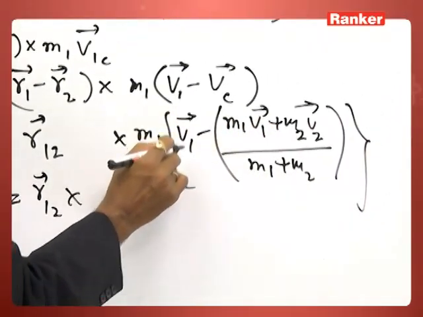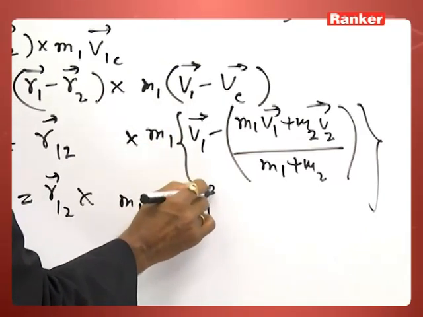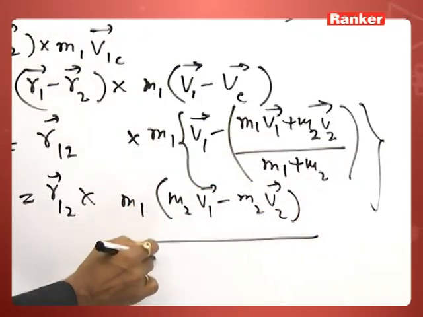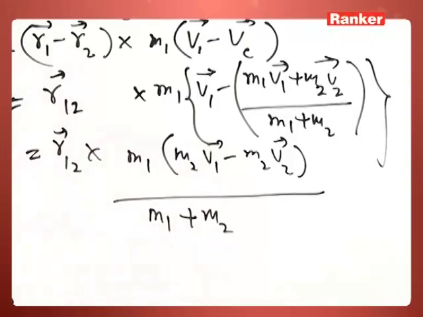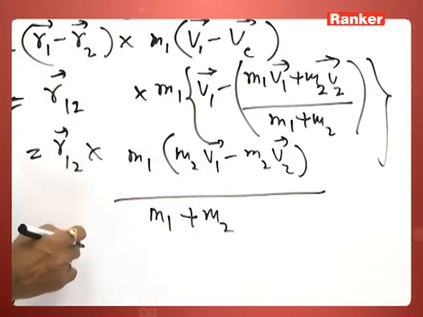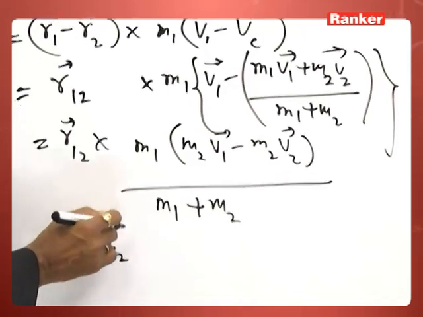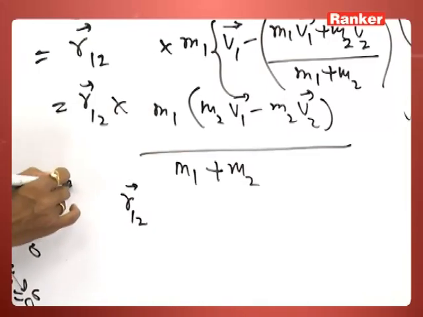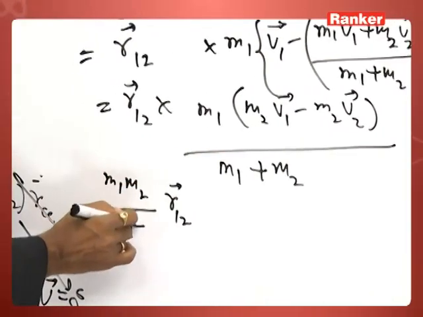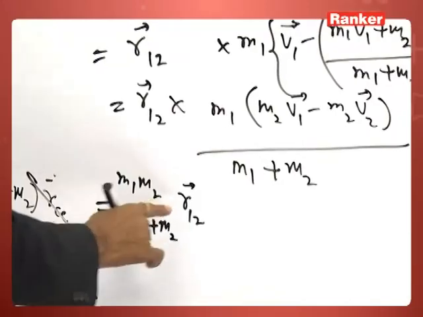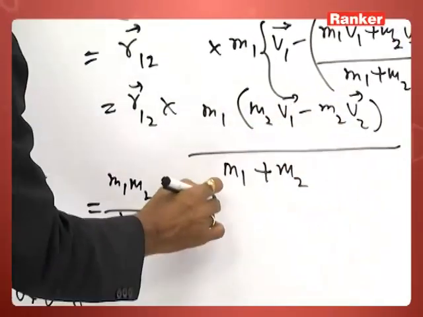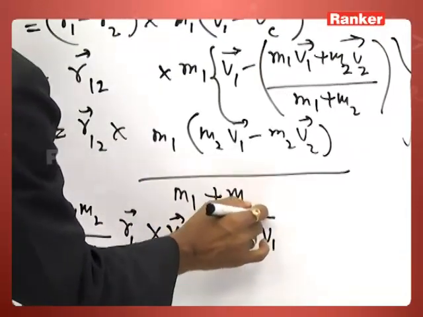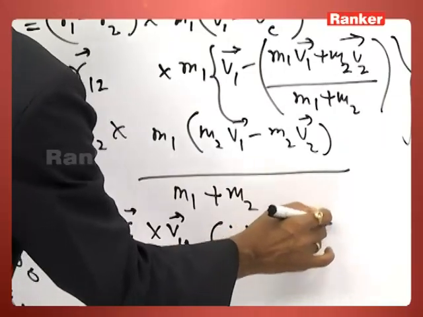You are getting m2 into v1 minus m2 into v2 vector by m1 plus m2. After simplification, you are getting r12, take the scalars out, this will be m1 m2 by m1 plus m2, r12 cross v1 minus v2, which can be written as v12, velocity of 1 with respect to 2, because v1 minus v2 is equal to v12.